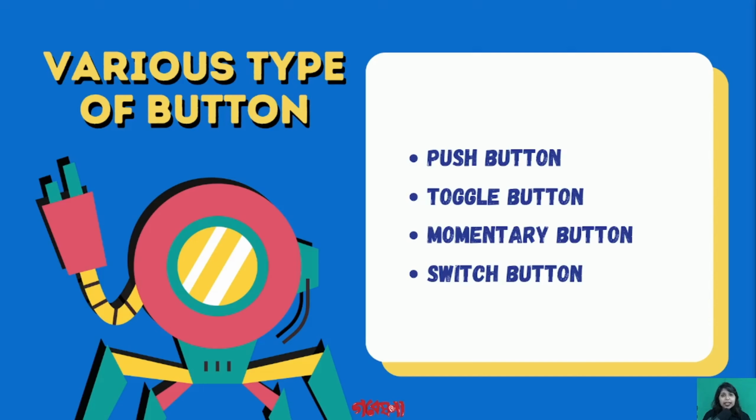Toggle button: press once to turn on and press again to turn off. Momentary button: it works only while being pressed. Switch button: it acts like a switch to turn on and off.